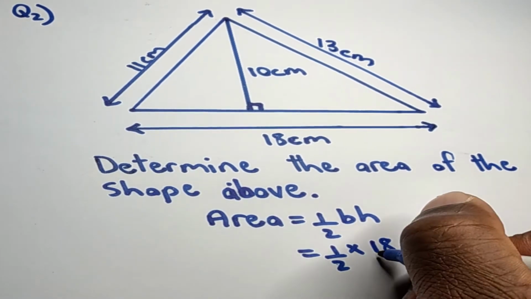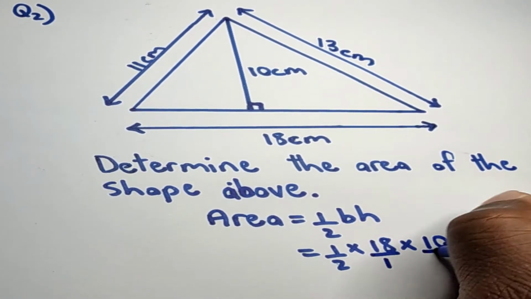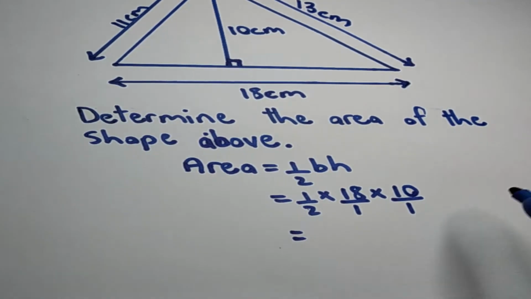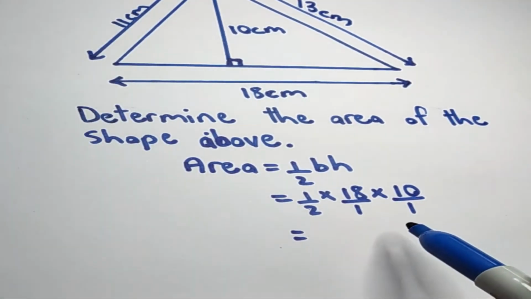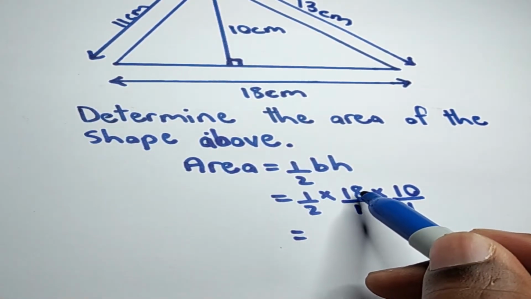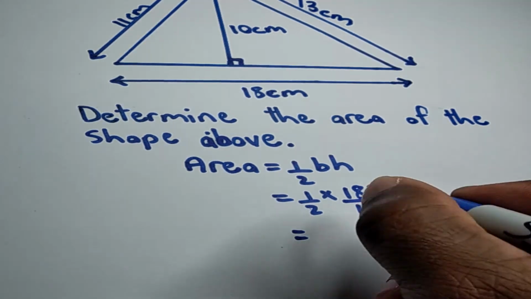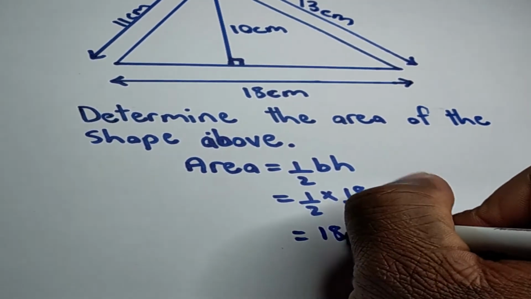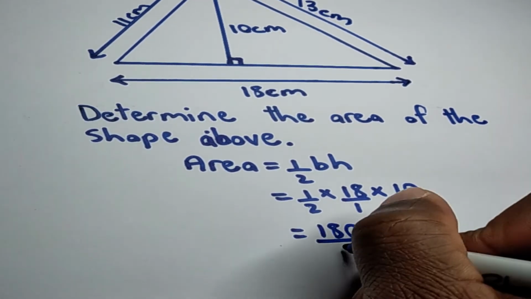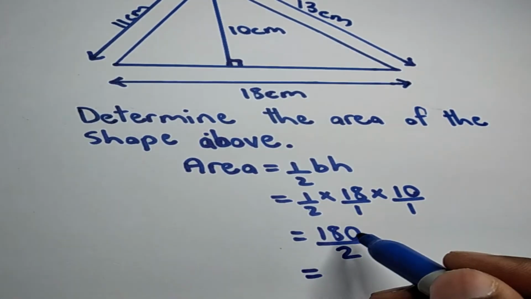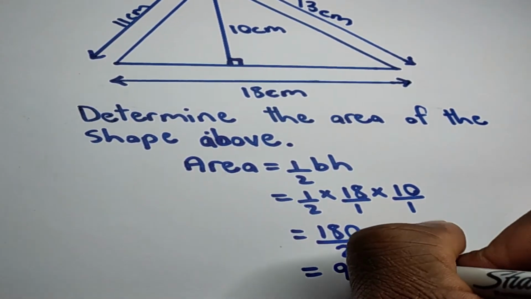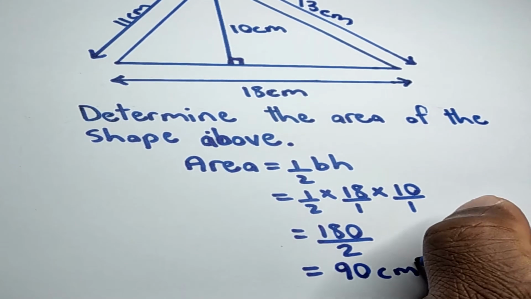Again, we can put the 18 over 1, the 10 over 1, and multiply numerators times numerators and denominators times denominators. So we'll have 1 times 18, which is 18, 18 times 10, which is 180, over 2 times 1, which is 2, and 180 divided by 2 is 90 centimeters squared.